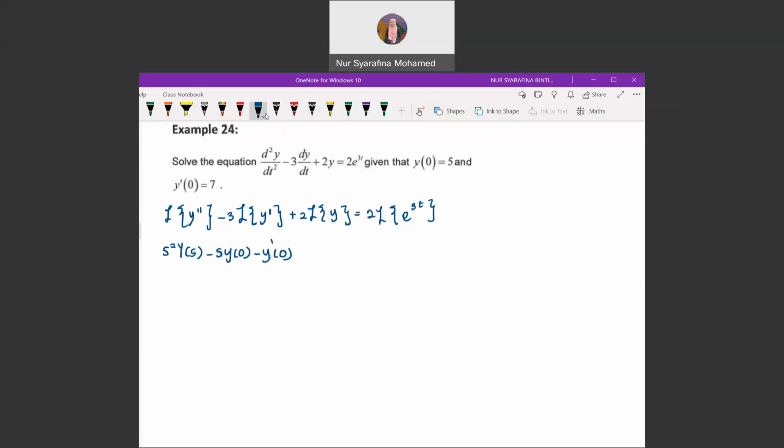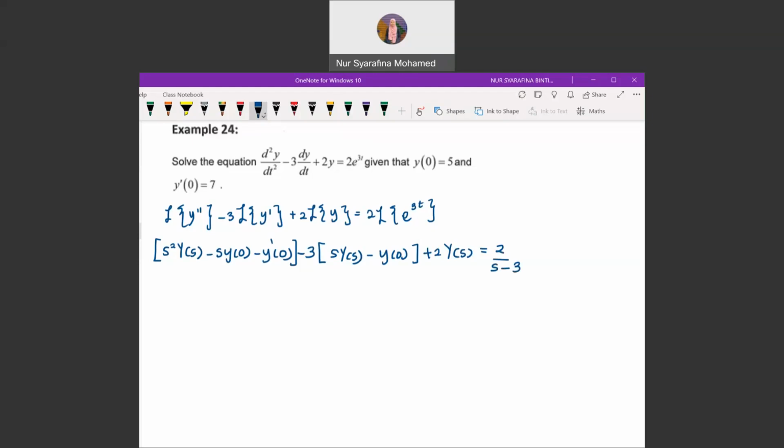And then minus 3 times y prime; transforming y prime will give you sY(s) minus y naught, and then transforming y will give you Y(s), and transforming e to the power of 3t will give you 2 over s minus 3.